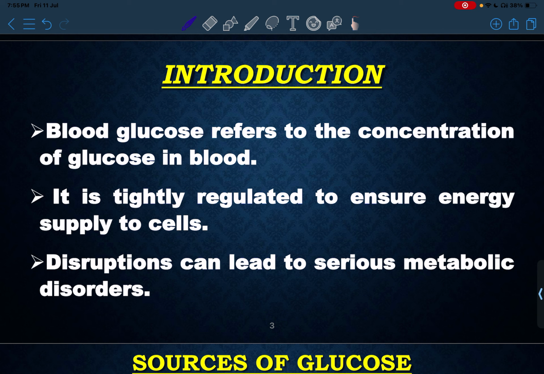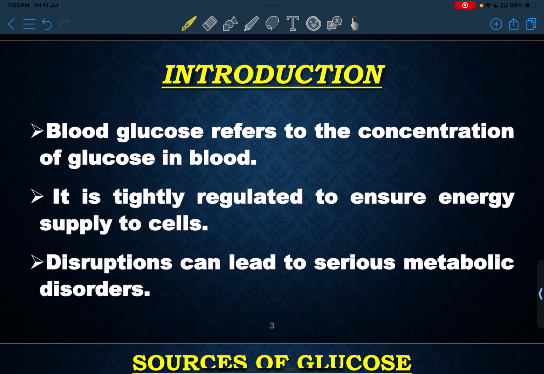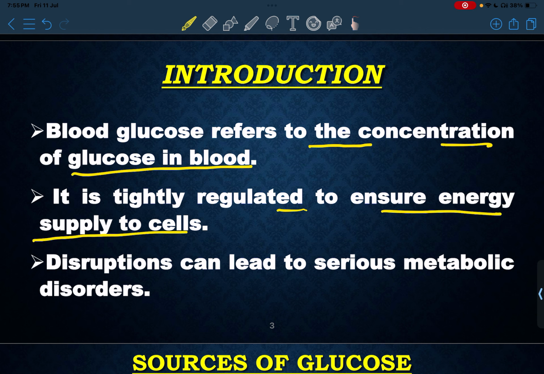The most important and finely tuned homeostatic mechanism. Okay, so blood glucose refers to the concentration of glucose in blood. It is tightly regulated to ensure energy supply to the cells. Disruption can lead to serious metabolic disorders.